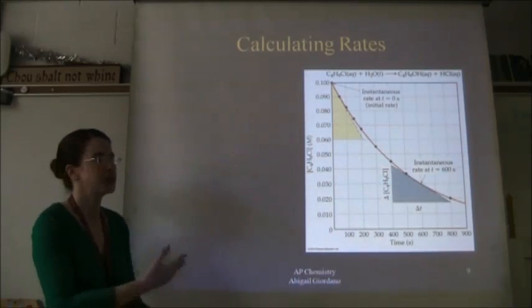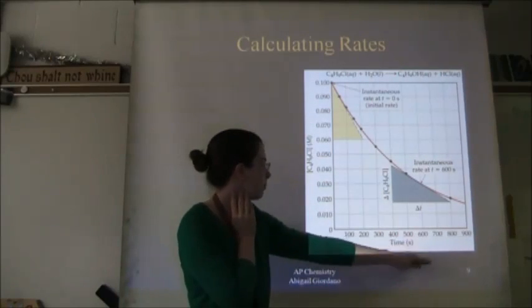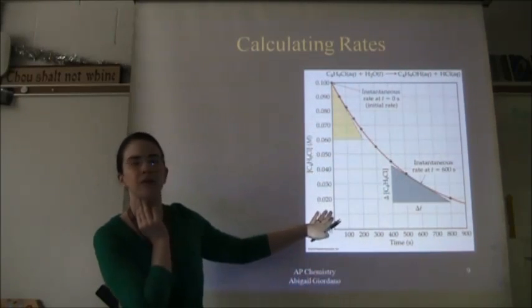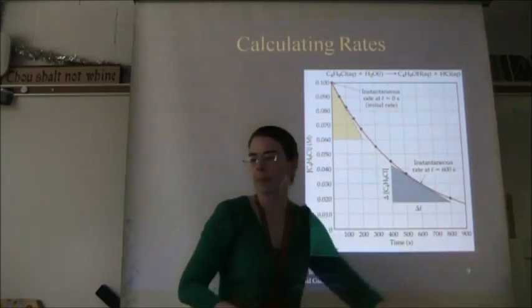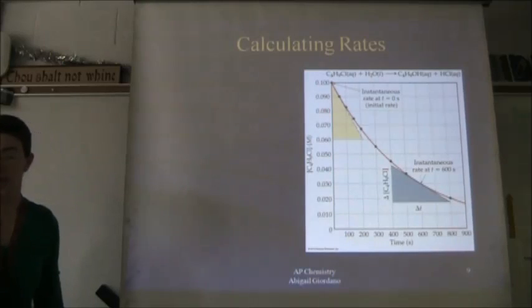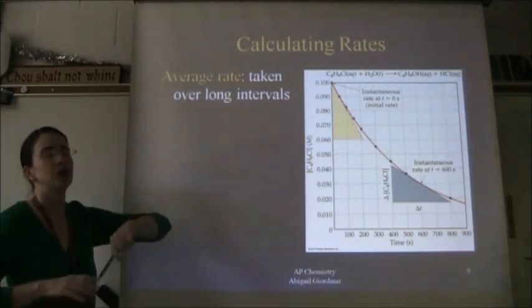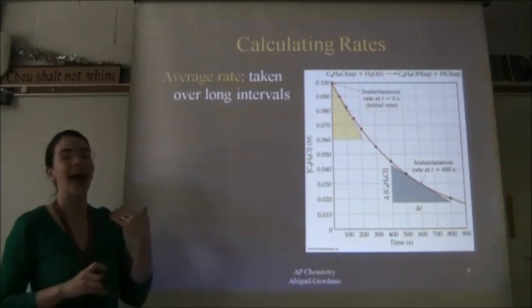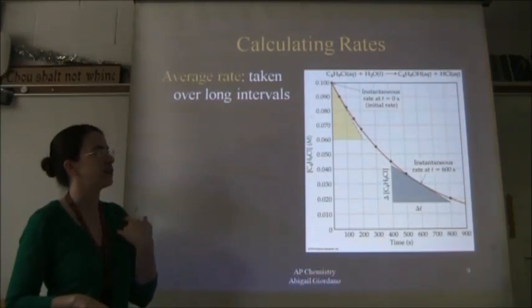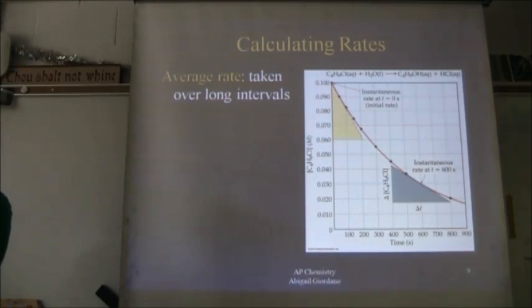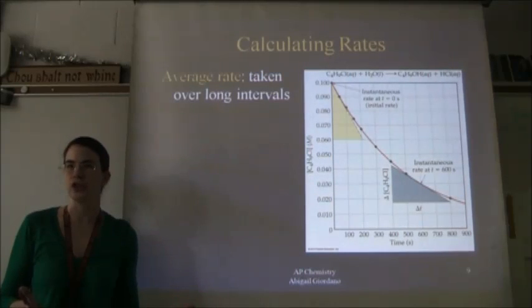So here's the situation, guys. This is a graph very much like what we were looking at a moment ago. We've got time, we have concentration of one of the reactants. It is decreasing over time. And we're measuring speeds, rates. And there's two types. I could ask you to tell me or calculate an average rate, like over the course of the first 5 minutes of a reaction, how does the concentration change?